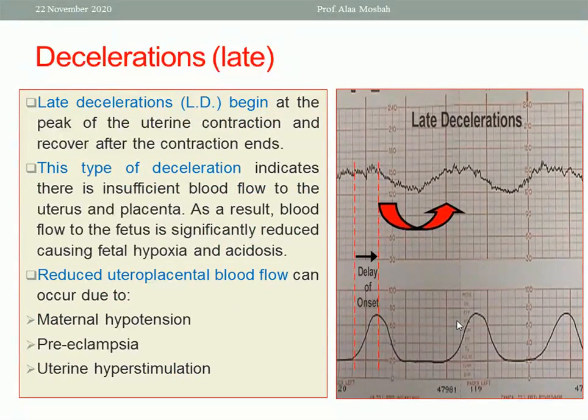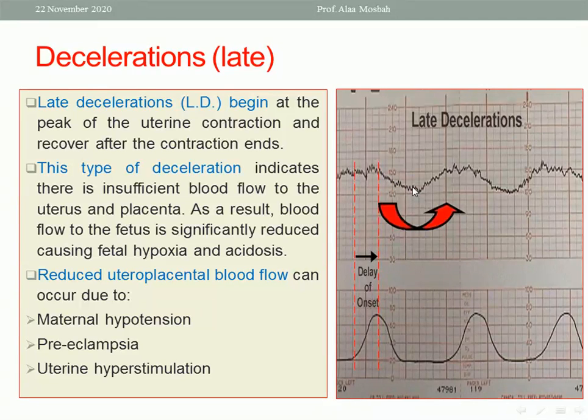What about another type of deceleration called late deceleration? What is late deceleration, as in this picture? Late deceleration begins at the peak of uterine contraction. This is a uterine contraction as you see here, and this is the peak of the contraction. So this is the starting point of deceleration.